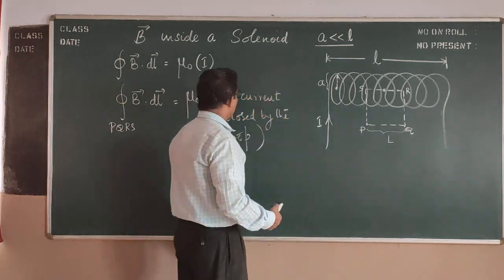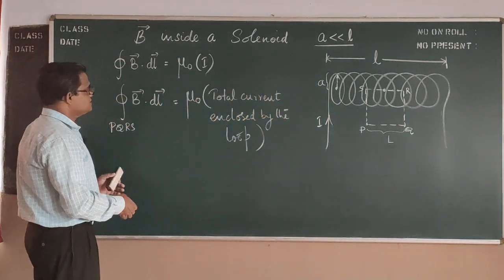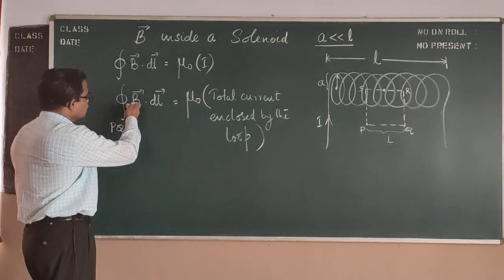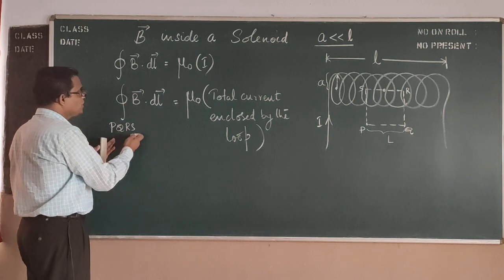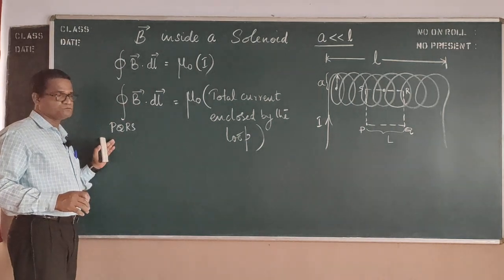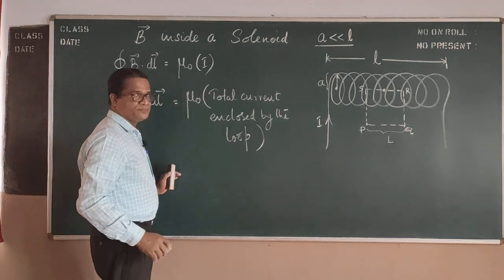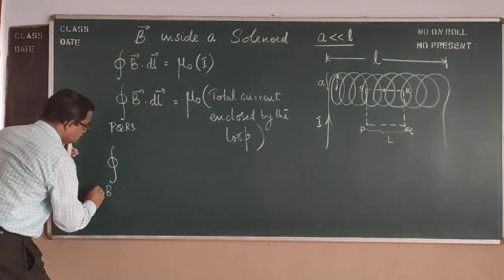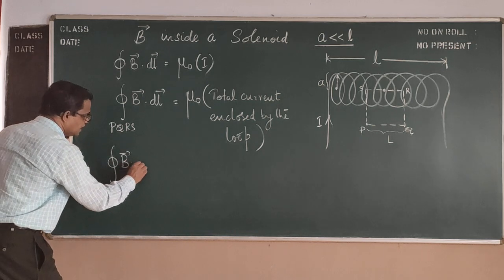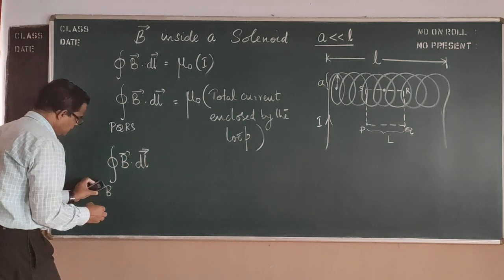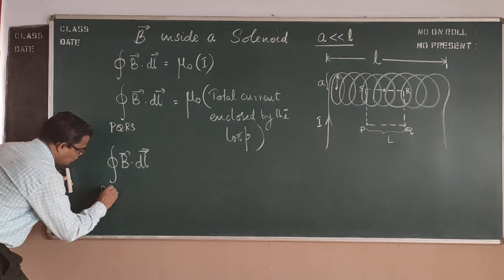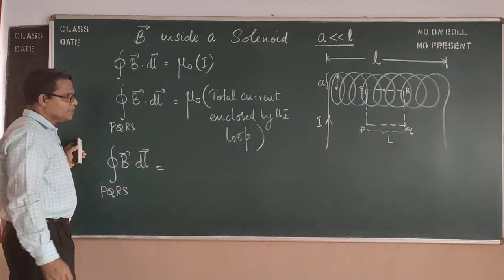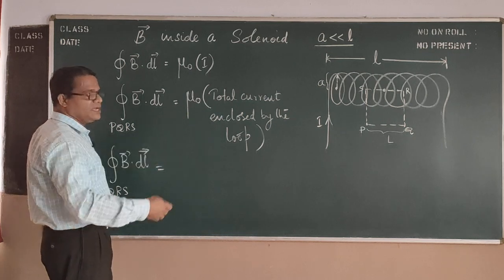Okay, now let us see what is the value of closed integral PQRS B dot dl. Closed integral B dot dl over PQRS is taken as integration, meaning adding little by little.